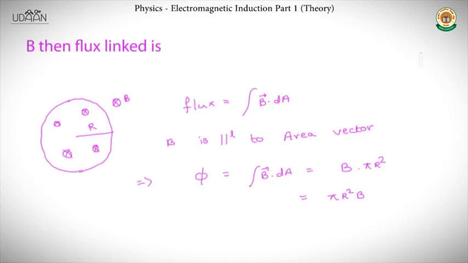Exactly, the cross here, we know that the dot means that the field is coming out of the paper, while the cross signifies that the field is going into the paper. Here the B vector and the A vector are both parallel to each other. So B dot dA, the dot product, will give the maximum value, because the angle between them is 0 degrees. So B into dA into cos theta, and theta is 0 degrees. So it will produce the maximum amount of flux.